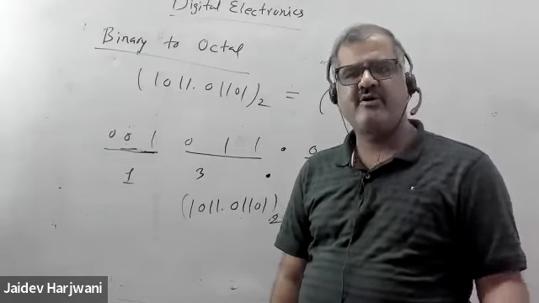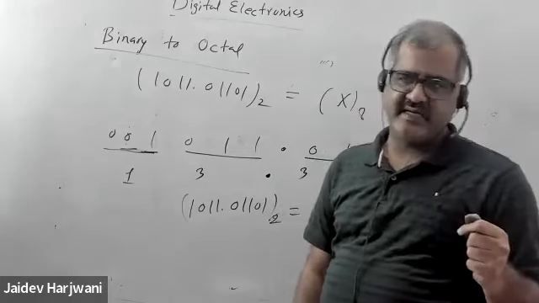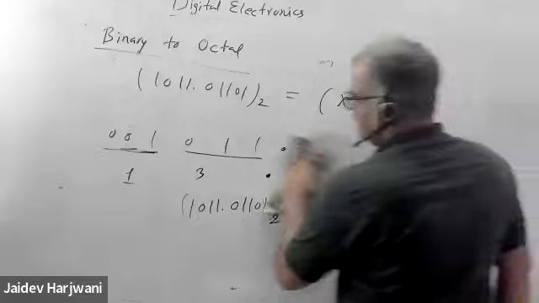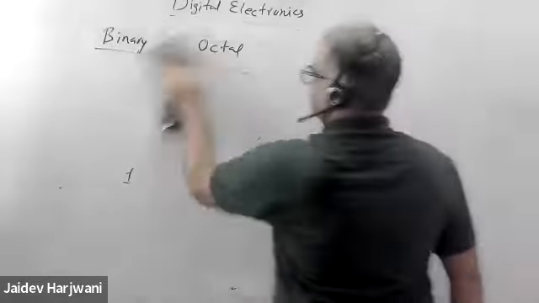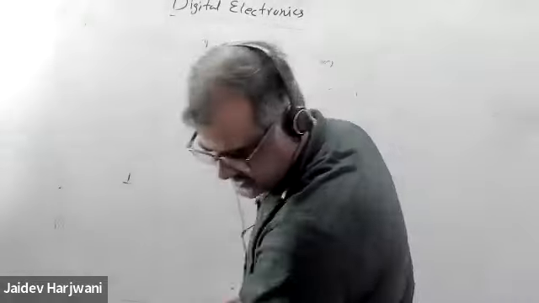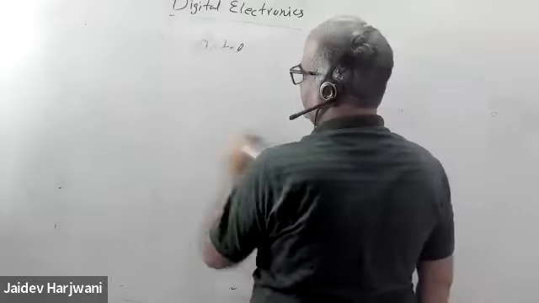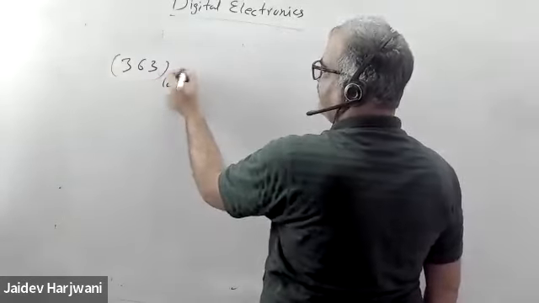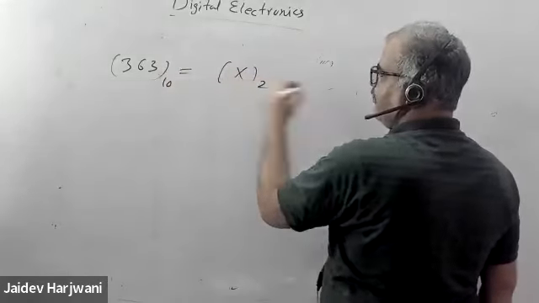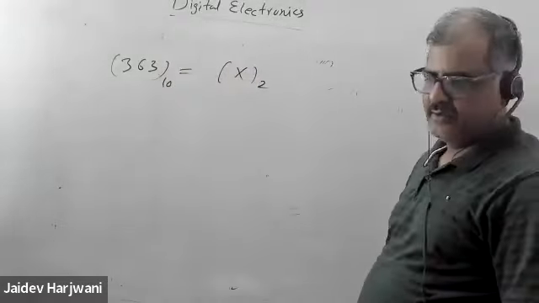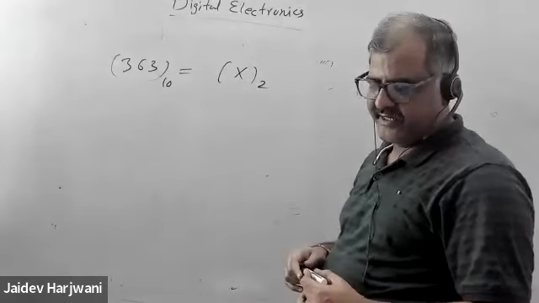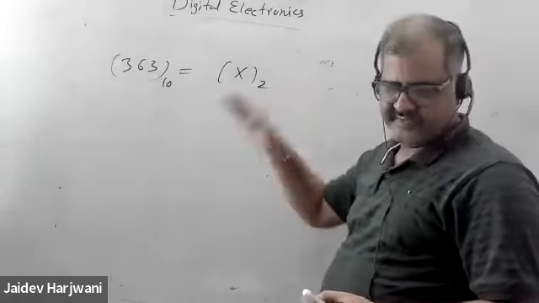If some large number is given and I want to convert it into a binary number, for example say 363, to convert decimal to binary, as we discussed already, we need to use the successive division method.